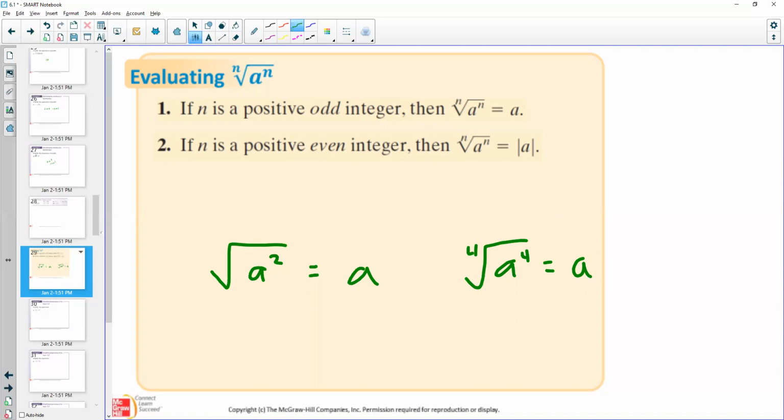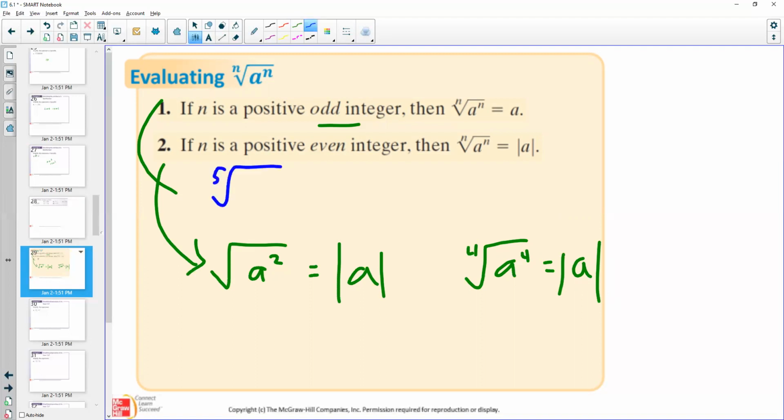Oh, sorry, odd. This one applies here. Give me a second. We'll talk ourselves backwards. Let's do number 1 first. Let's do it in a different color. So the 5th root of a to the 5th is what we're talking about. It's just a. The cube root of a cubed is just a, okay?